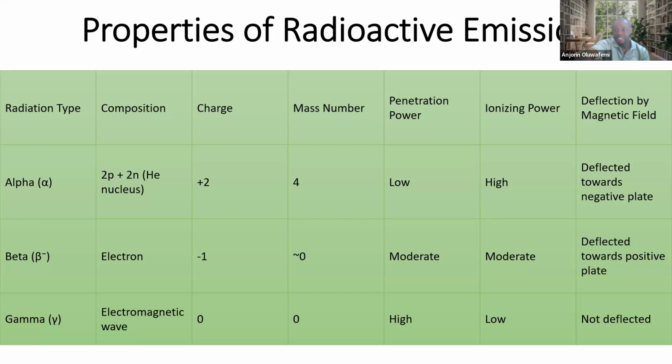Now, in terms of deflection by magnetic field, alpha particles are deflected towards the negative plates because they are positively charged. Whereas beta particles are deflected towards the positive plates because they are negatively charged. Gamma rays, because they are neutral in charge, are not deflected by a magnetic field.